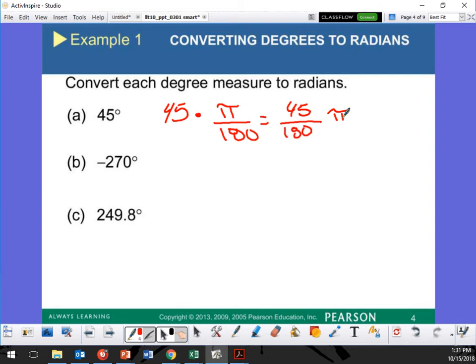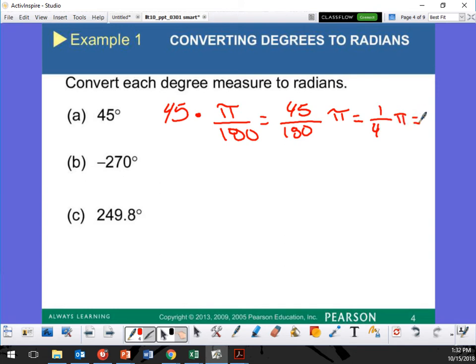Is it in degrees or radians? Where's pi? It doesn't matter, degrees or radian right now. Give me a fraction. Yes, what's the fraction? 1 over 4. So it's going to be 1 over 4 times pi.